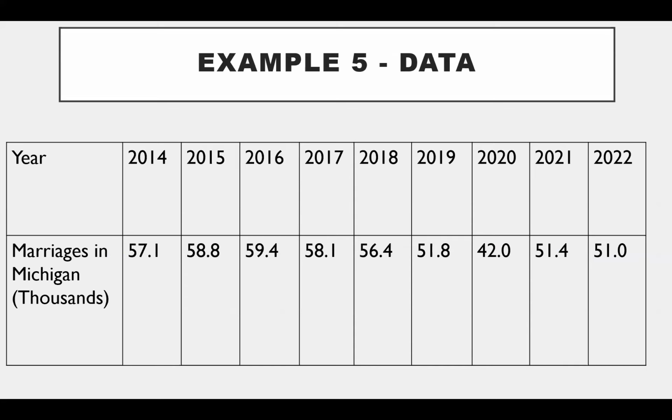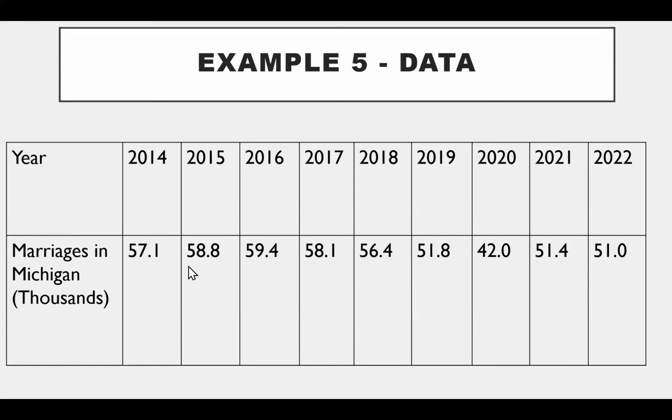So in the state of Michigan in 2014, there were 57.1 thousand marriages. And then obviously it goes down a little bit, goes up a little bit for a couple of years, and then down. The lowest was at 2020 at 42,000 marriages, roughly. These are rounded numbers. And then it went up after 2020.